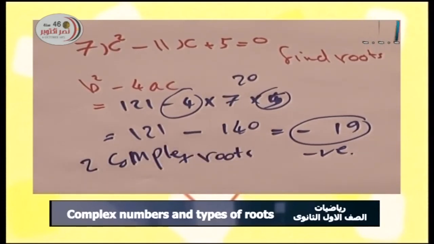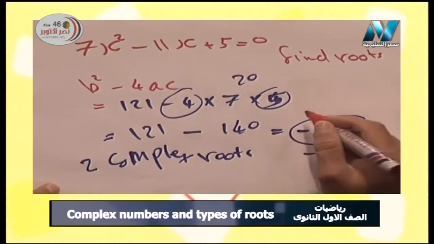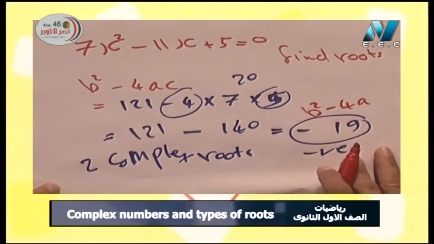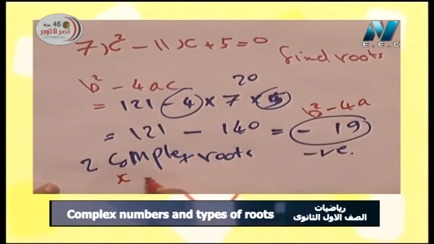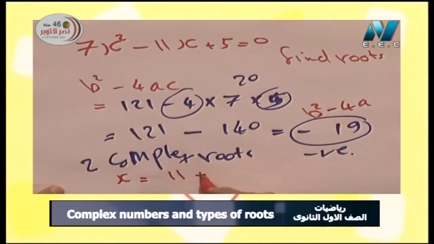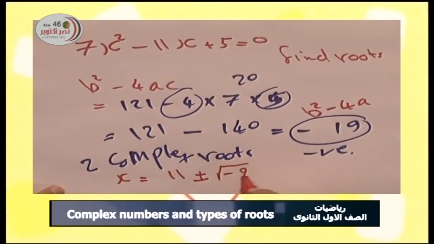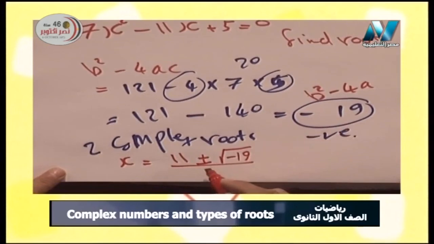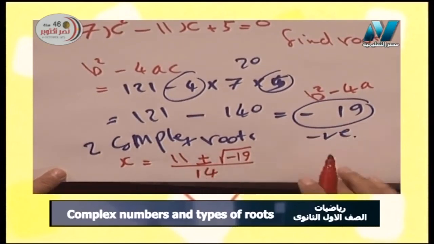We have here discriminant equal negative 19. What is the discriminant? It's b² − 4ac. So x equals negative b, which is 11, plus or minus the square root of negative 19, over 2a, which is 14.